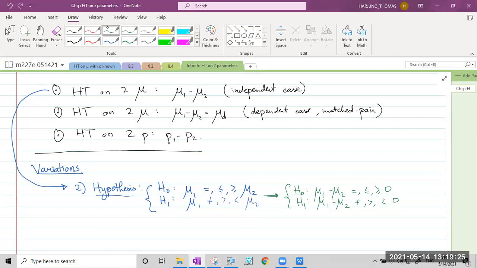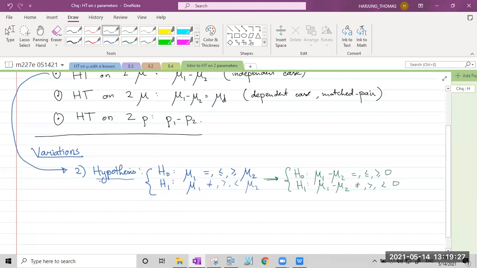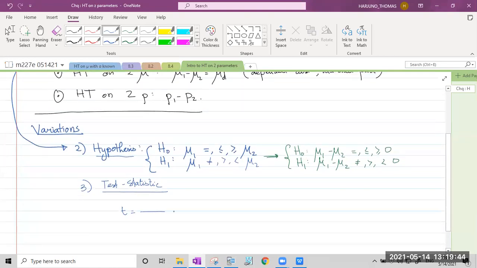Now step 3, the test statistic. We'll use the t statistic, where on the top we have x1 bar minus x2 bar minus (mu1 minus mu2).